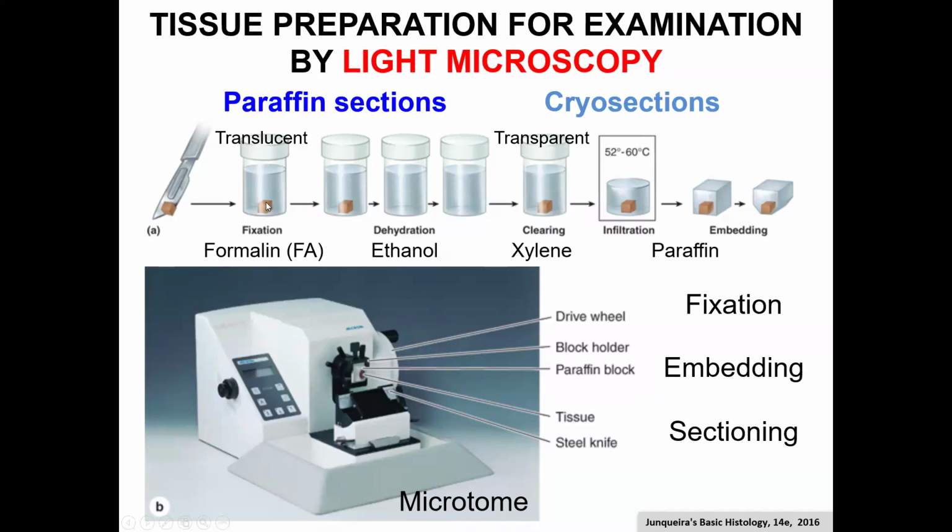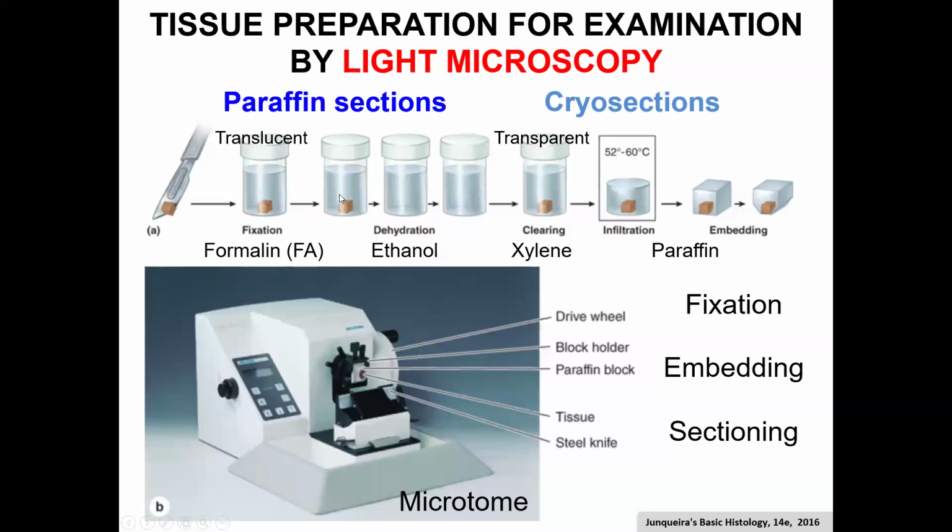Now the idea would be to make it transparent so that the light passes through the tissue and we can identify the various things that are present there. This translucency, it's given primarily by the lipids that are present in the tissue.